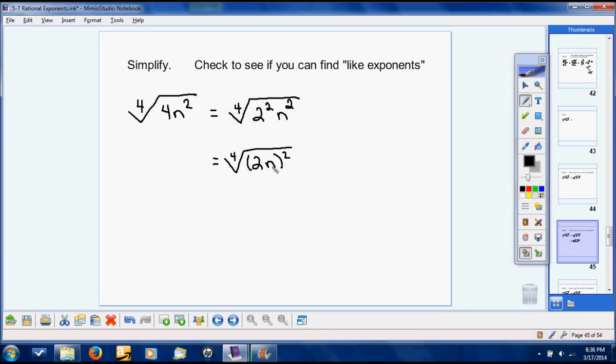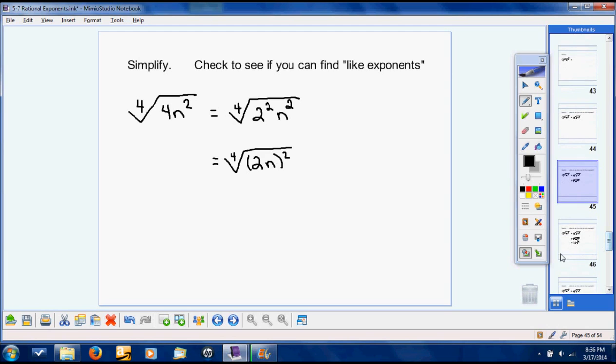So this is really 2n squared. Alright, now since we have the same exponent, this is now in the same format where we can change it into a fraction. Okay, our fractional exponent will be numerator 2, denominator 4.